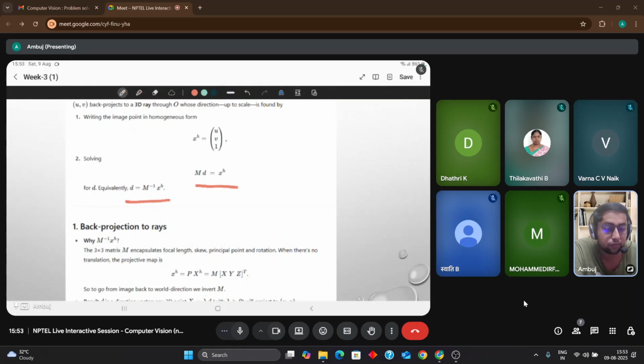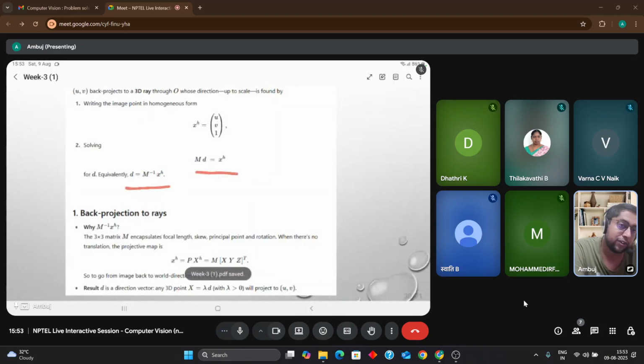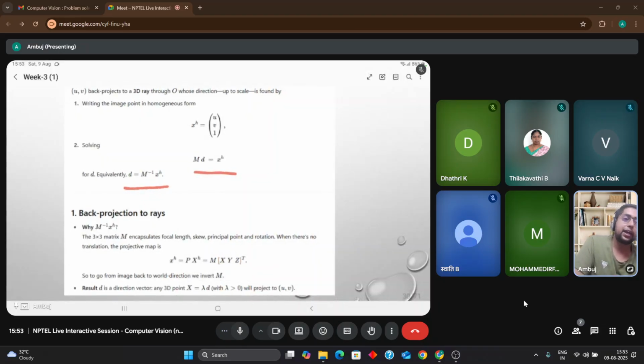Okay, back propagation of the rays, because the 3 by 3 matrix M encapsulates focal length, skew, the principal point and the rotation, which always matter in case the camera has to be calibrated, and these are the parameters which affect the resolution of the image onto the plane.